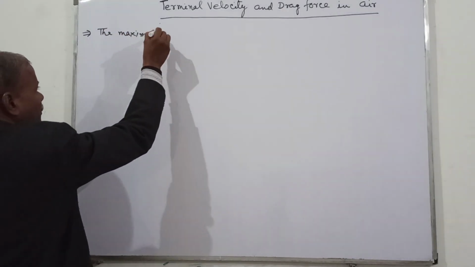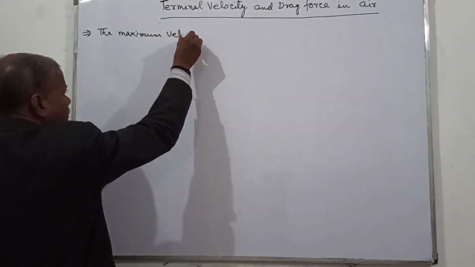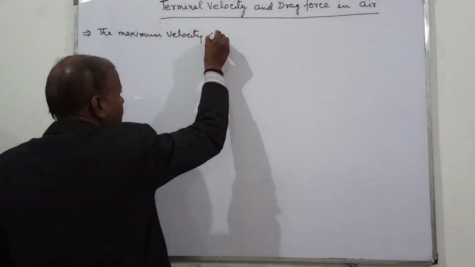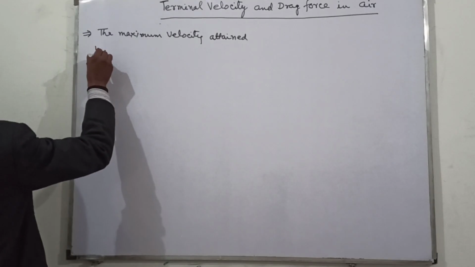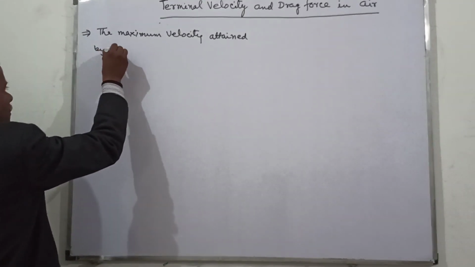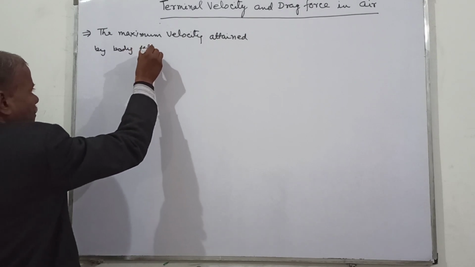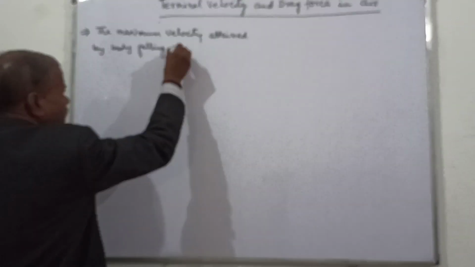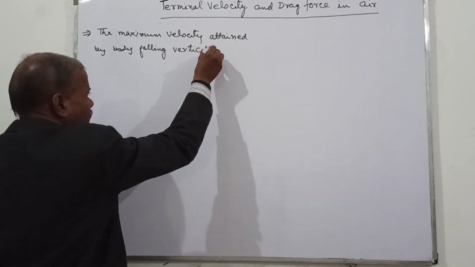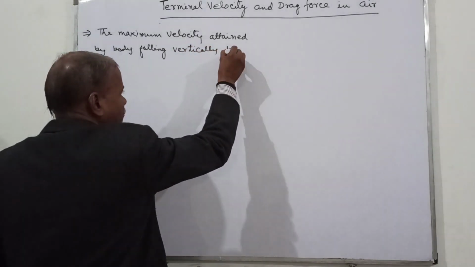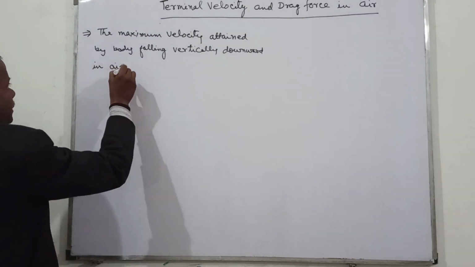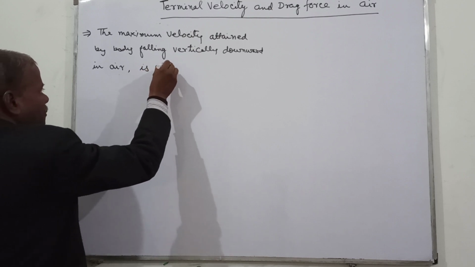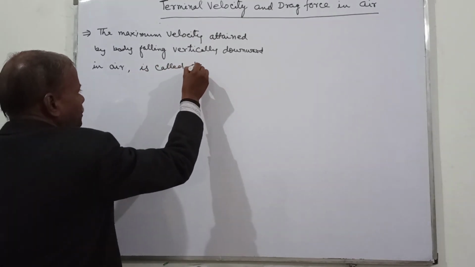The maximum velocity attained by a body falling vertically downward in air is called terminal velocity.